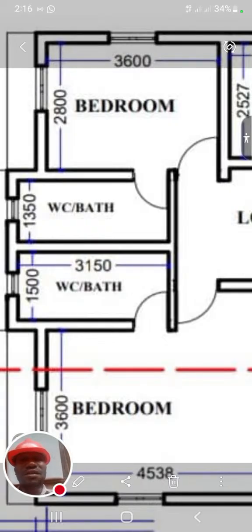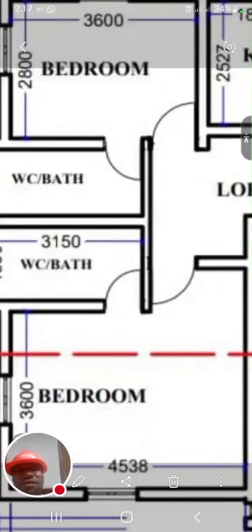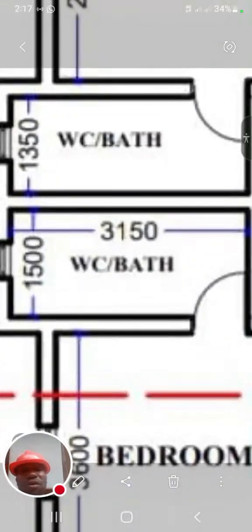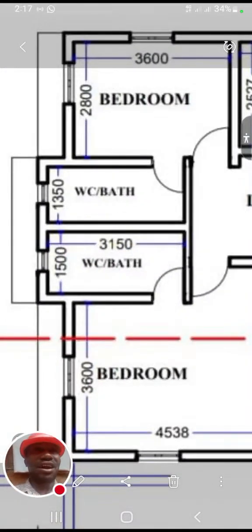When you convert it to meters, you are going to have 3.6 meters by 2.8 meters in this bedroom. This toilet here is 1,500 millimeters by 3,150 millimeters. It's the same as 1.5 meters by 3.15 meters. You have to understand, and you should master your conversions.